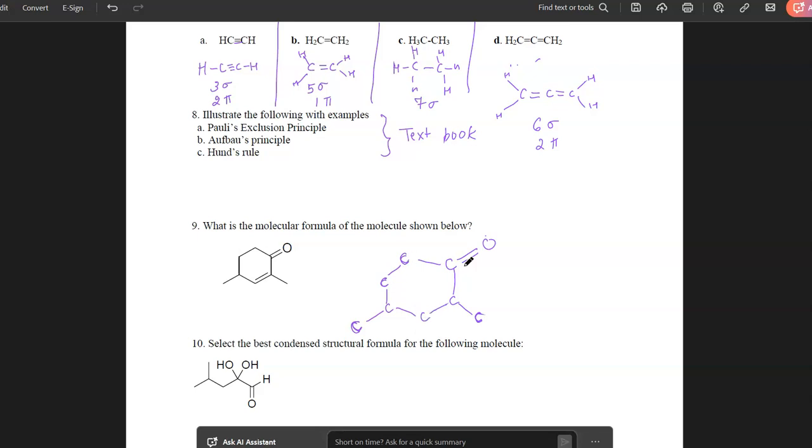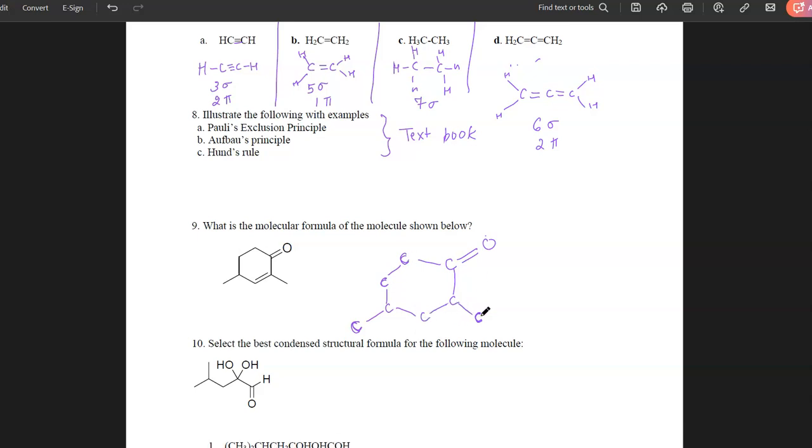But the valencies of carbon atoms have to be fulfilled by drawing the necessary number of hydrogen atoms. Here, this carbon has only 2 bonds, so it will need 2 more hydrogen atoms to fulfill its valence. Here again, this carbon needs 4 bonds. What about this carbon?